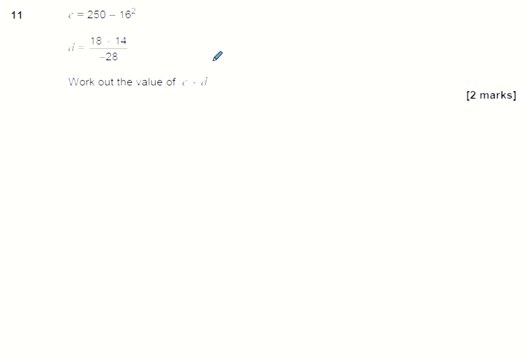Just so we're clear about what's actually happening here though, 16 squared is 256. So C is 250 minus 256, which is minus 6. For D, 18 times 14 is 252, and 252 divided by minus 28 is minus 9.